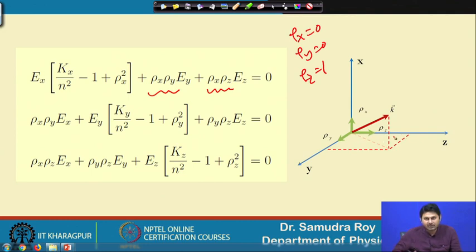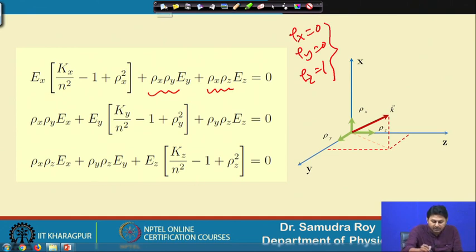So, once I launch my k in my z direction, I will have the rho x, rho y, rho z values like this. When I start putting these in, I will find that this will be 0, this will be 0, this will be 0. So, I will have one equation, this will be 0, this will also be 0, I will have another equation.